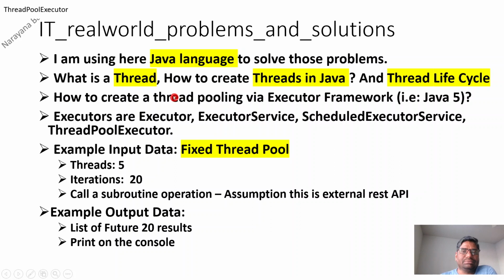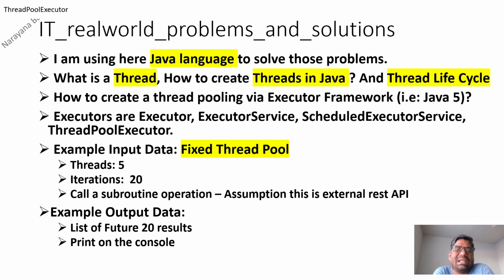What is a thread? A thread is a single unit of work. That means it performs some task and it's done, then its operation is completed. How to create threads in Java? In the olden days, we used to implement with two approaches.